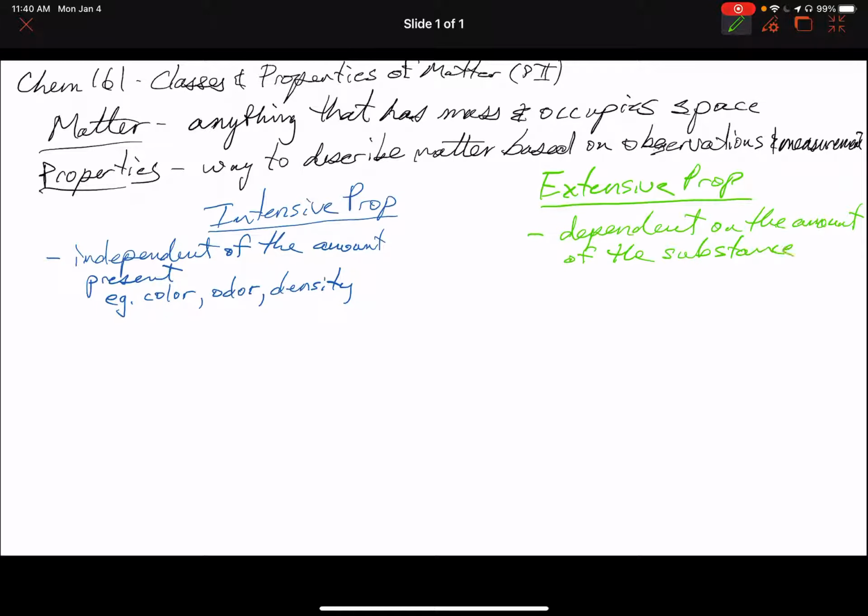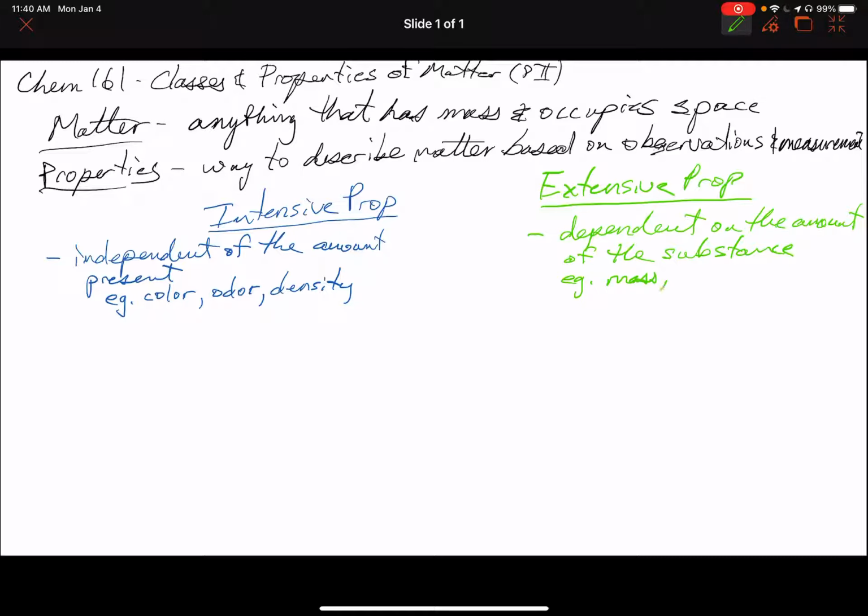Again, take a minute to think about what extensive properties might be dependent on the amount of substance. Hopefully you were thinking about things like mass, which should depend on how much we have in question.